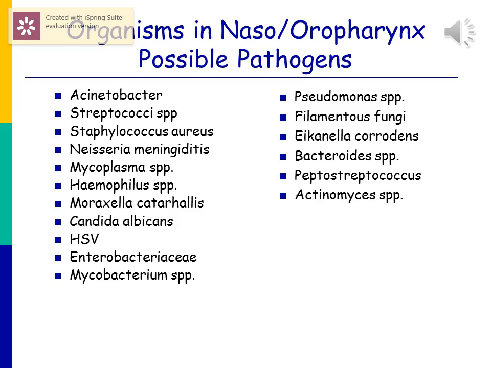We have Acinetobacter, Streptococci species, Staphylococcus aureus, Neisseria meningitidis, Mycoplasma, Haemophilus, Moraxella catarrhalis, the yeast Candida albicans, herpes simplex virus, our Enterobacteriaceae family members, various mycobacterium species, Pseudomonas, especially Pseudomonas aeruginosa, some of our fungi, Eikenella, our anaerobes such as Bacteroides, Peptostreptococcus, and Actinomyces.